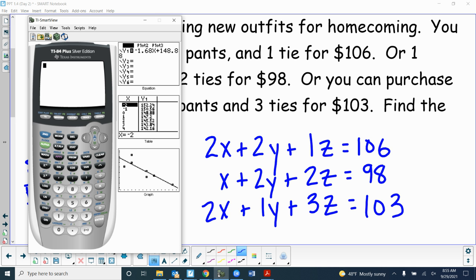Right, then go back in, second inverse, over to edit. I hit the number 2 for B. And then I put in 106, 98, and 103. And then I hit second mode to pop out again. Now, what do I have to make sure I type in to solve?